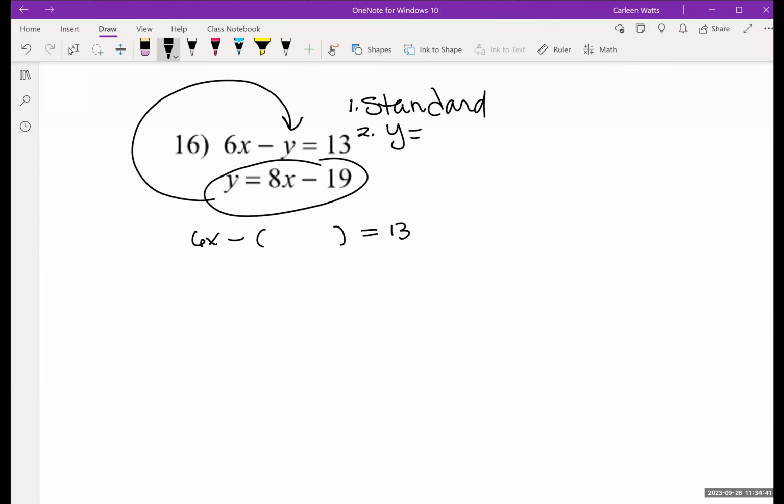So I took out the y. Notice y is gone. What am I putting in its place? I am putting, what is y equal to? I'm replacing y with 8x minus 19.